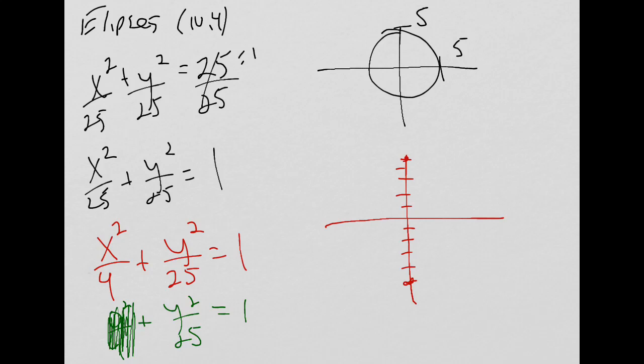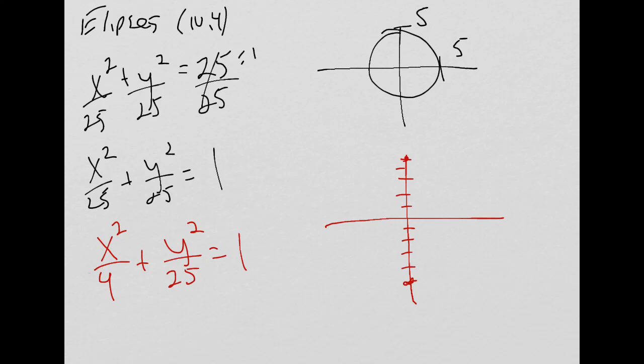And then I've got y squared over 25 is 1. So how do I make a fraction equal to 1? Well, I make the top and the bottom the same thing. And so notice that if I make x equal to 0, then the only way to make y fit would be to make y positive 5, which would put it here, or to make y negative 5 because the negative squares out and would land it there.